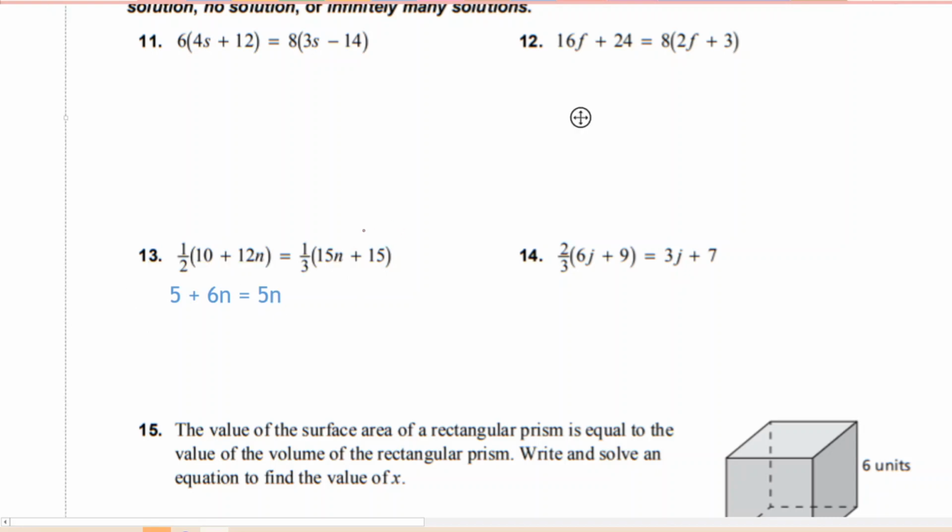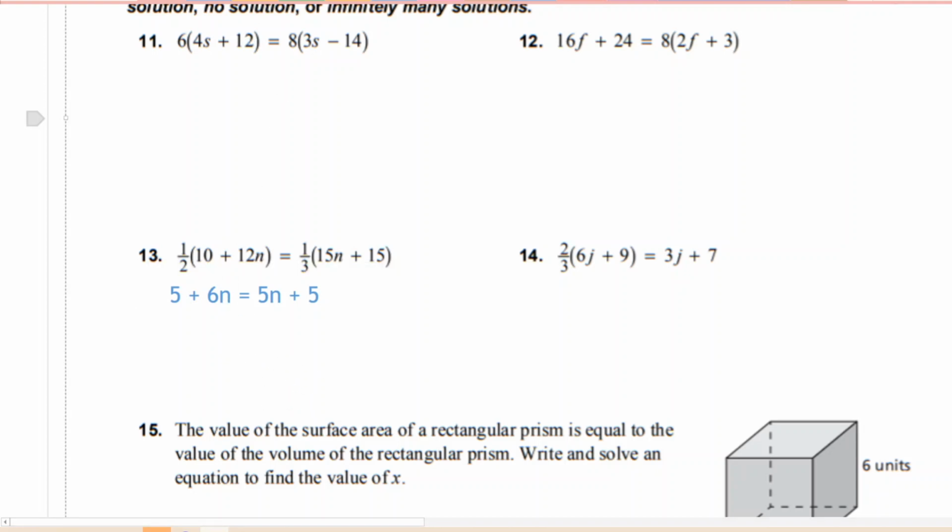Then we're going to do more distribution. 1/3 times 15. That's the same thing as 15 divided by 3. 15 divided by 3 is just 5. All right, so is this an identity? It doesn't look like an identity yet.